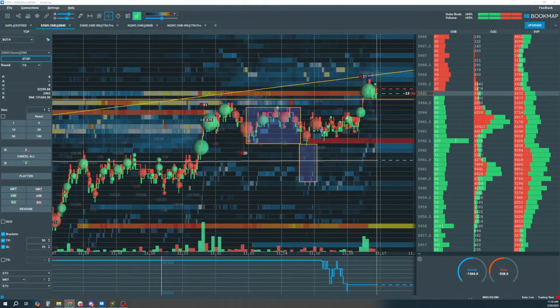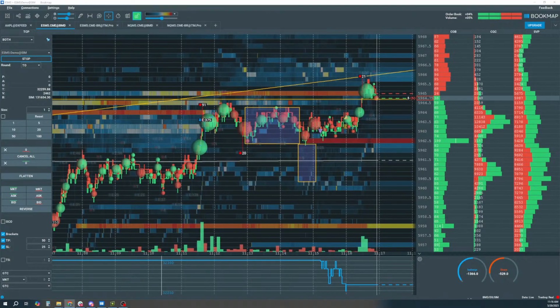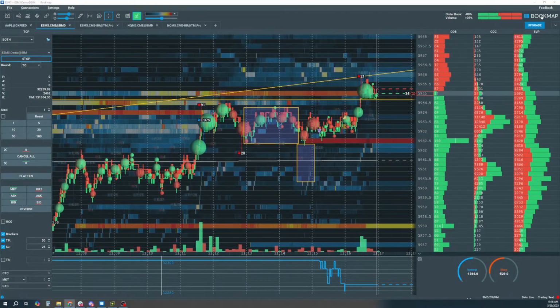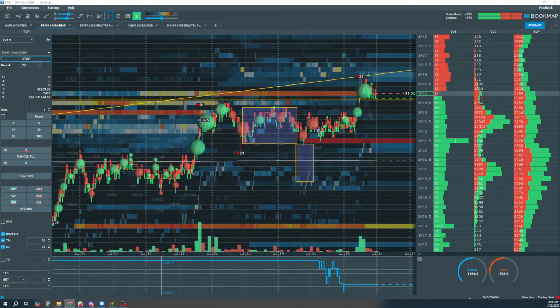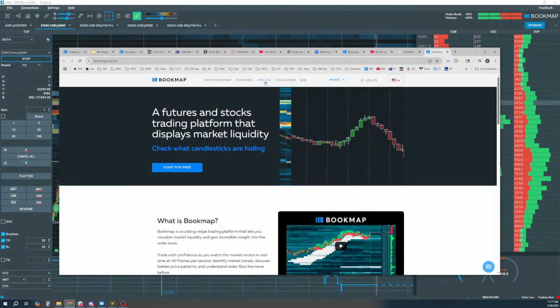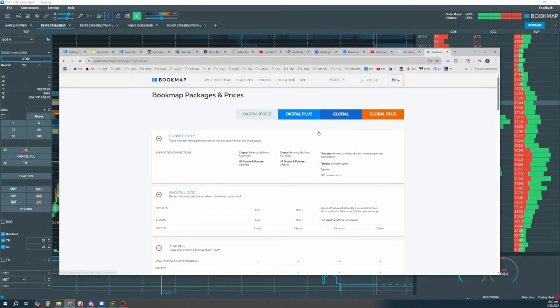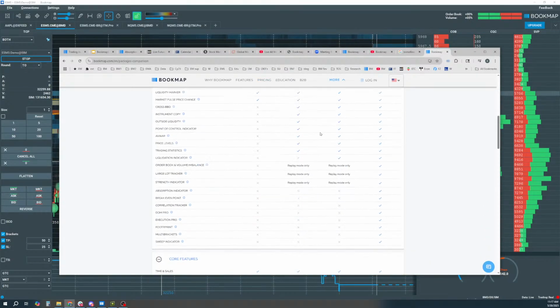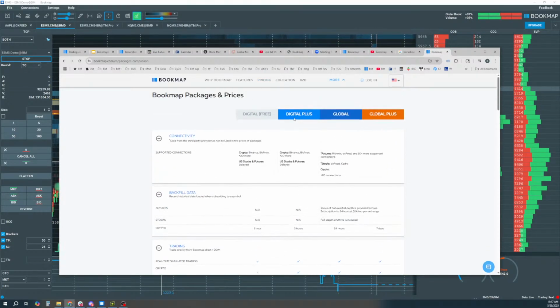Amar, how can you get this software? Go to bookmap.com. It's up here in the upper right hand corner. You can go to bookmap.com and click on pricing, and you can go through all the different packages we have. A free version that's connected to delayed data.